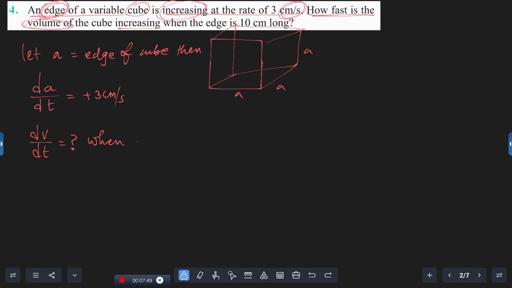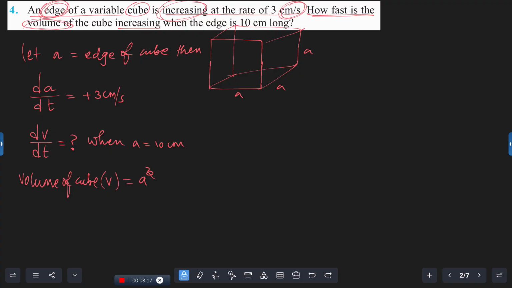Not the volume, but the rate of change of volume. The volume formula, do you remember? Volume of a cube, V, equals a cube.